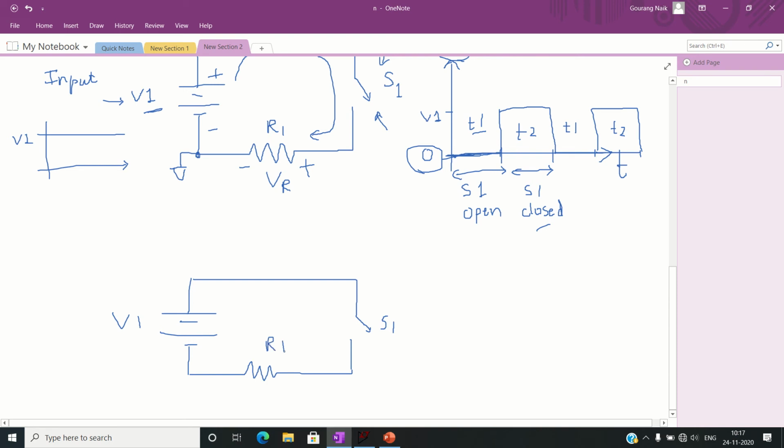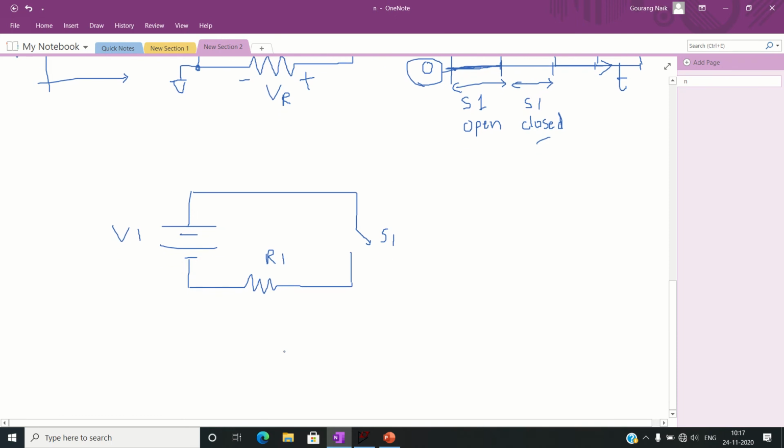This is only a resistive load. If you have a different type of load, normally you will have an inductive load. If it is an inductive load, then you have to change it again. So here a common point is there. Common point means with respect to this I am measuring all my other voltages.